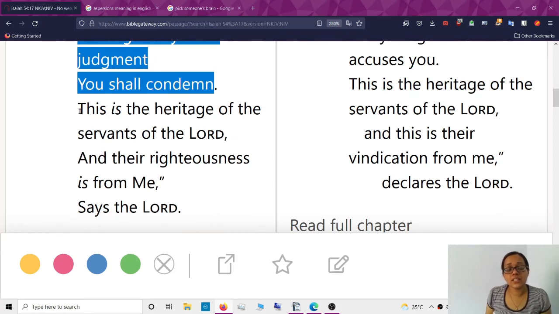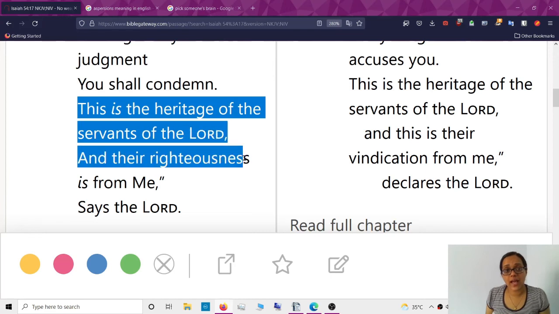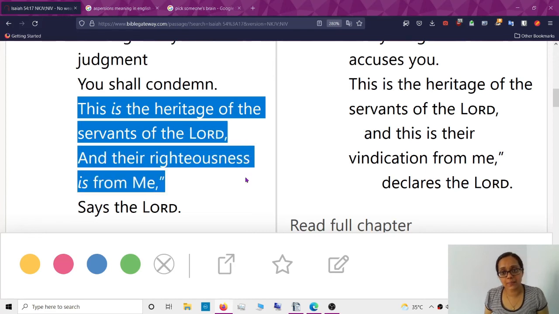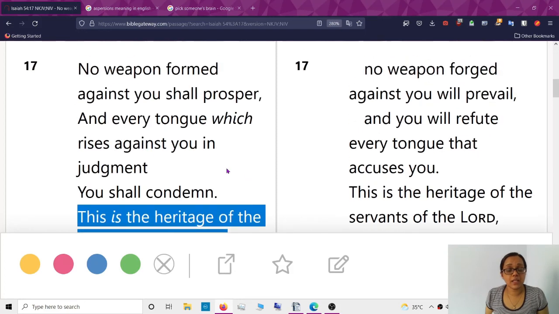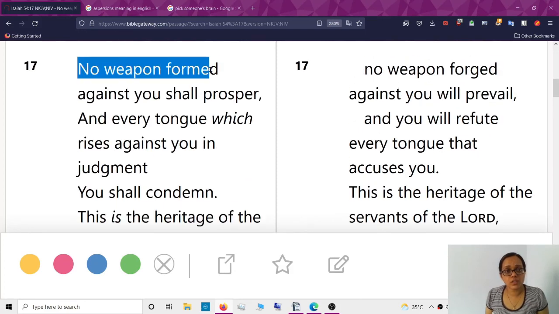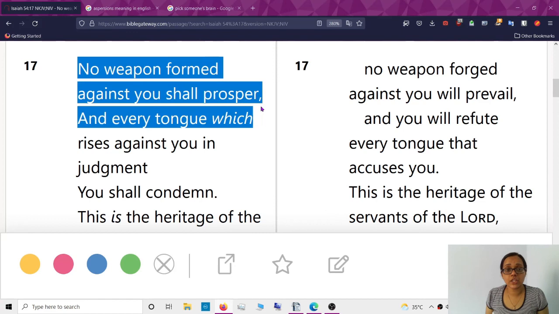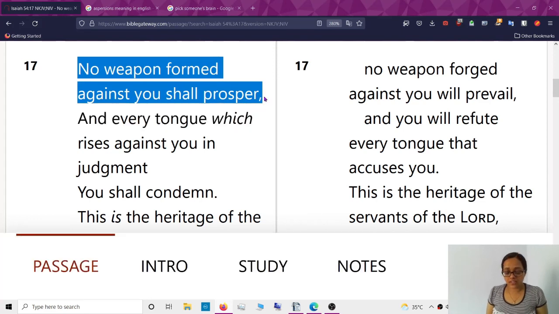This is the heritage of the servants of the Lord, and their righteousness is from me, says the Lord. No weapon formed against you shall prosper. Whatever weapon, it could be any shouting or abusing, any criticizing from anyone or anything, no weapon formed against you shall prosper.